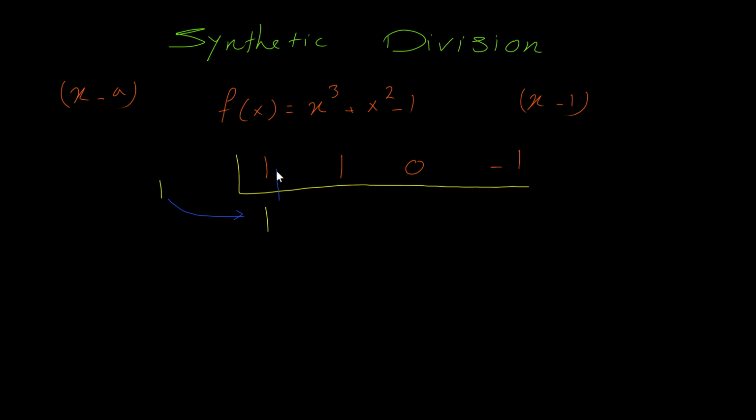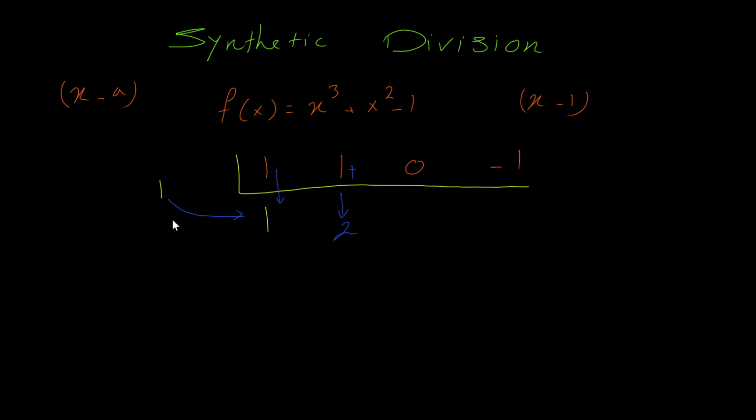I multiply it, and then I add it to the value of the next one, and then I write it down. So it's 1 times 1 is 1. Then I add it to that, and it comes down as a 2.